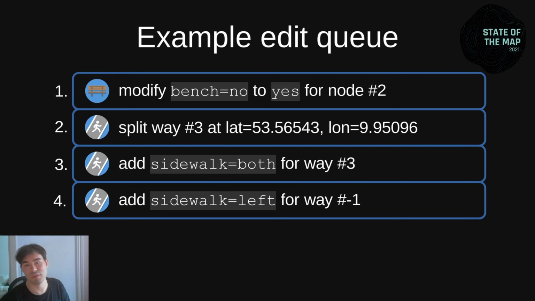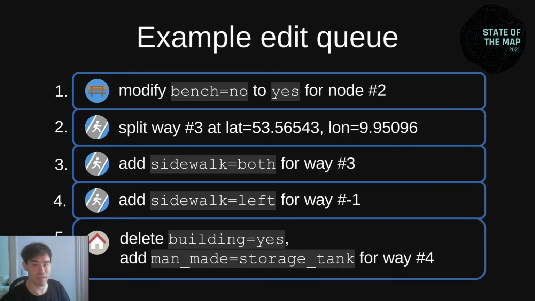And of course, one action can also be that several tags are changed. In this case, the user was asked what kind of building this is, and the answer was it's a storage tank, so several tags need to be changed.